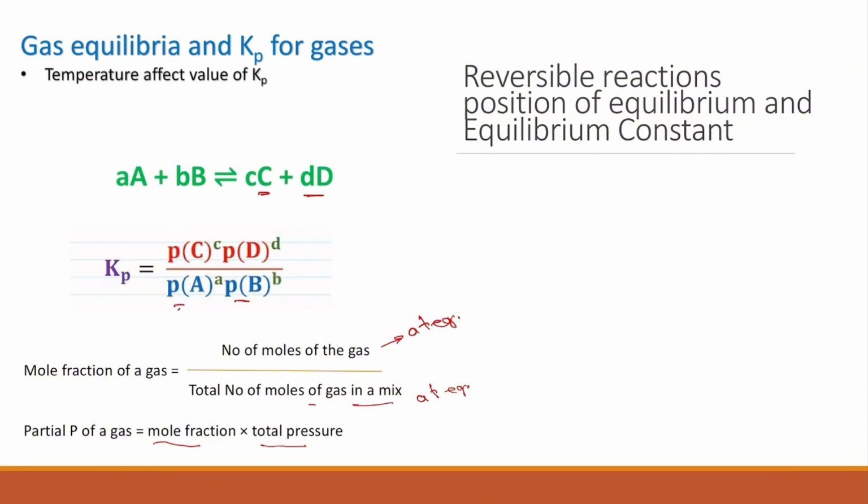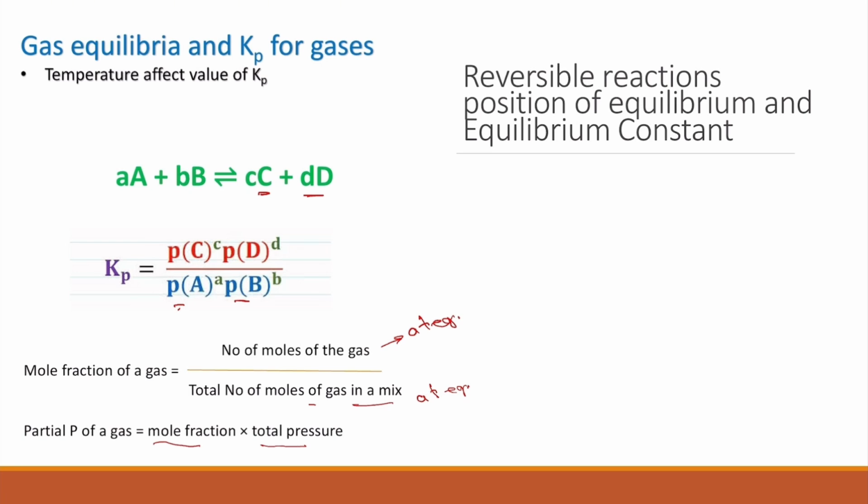So what are the different factors that can affect the value of the Kp? The temperature will affect the value of Kp. This is because the temperature can shift the equilibrium towards one of the sides, depending on which side is exothermic and which one is endothermic.